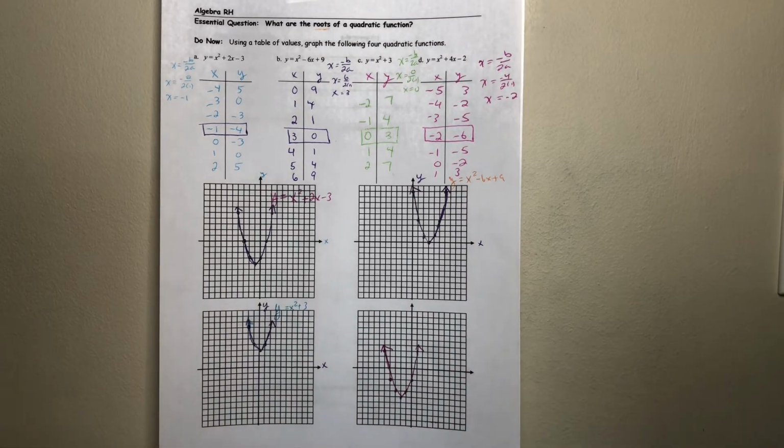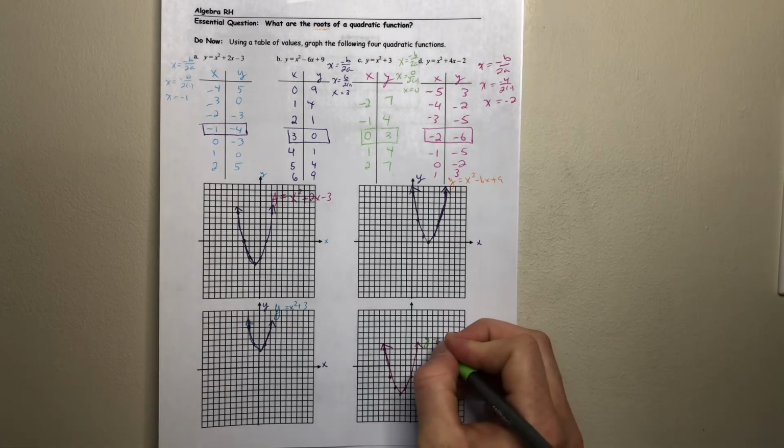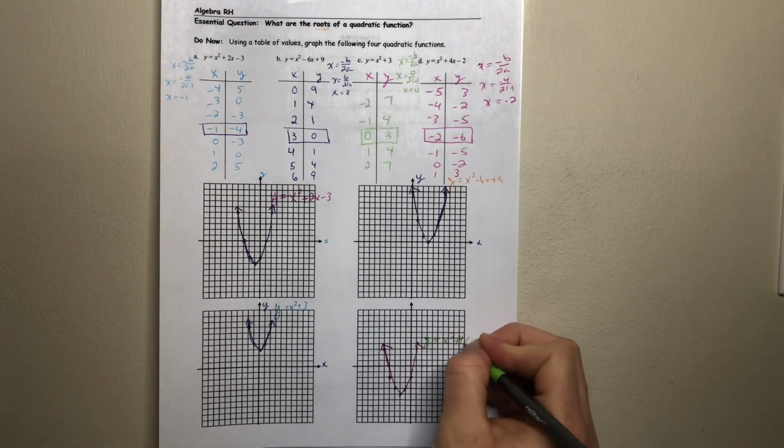So there's our parabola. We're going to label that with our equation, y equals x squared plus 4x minus 2.